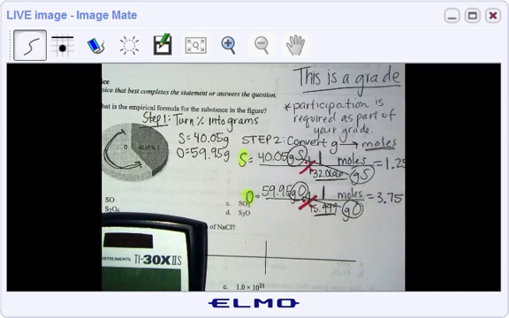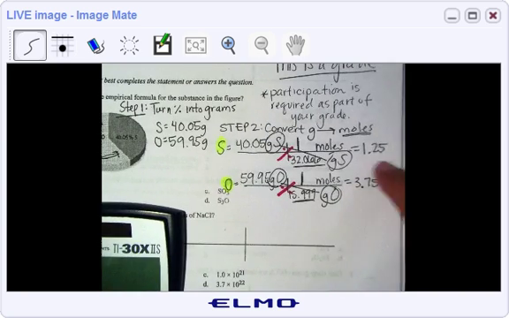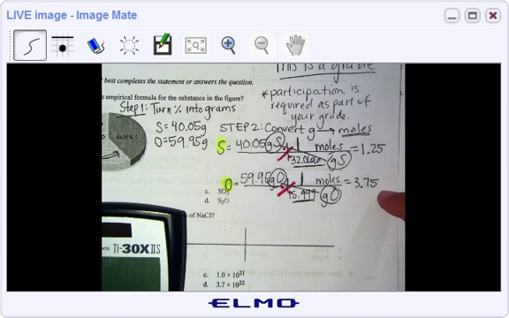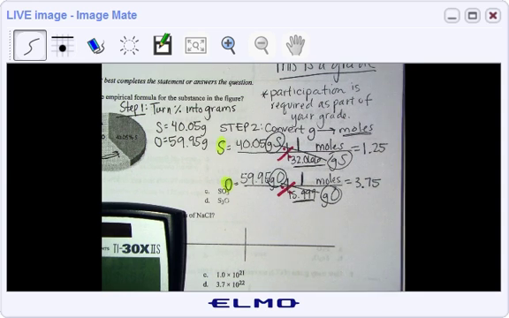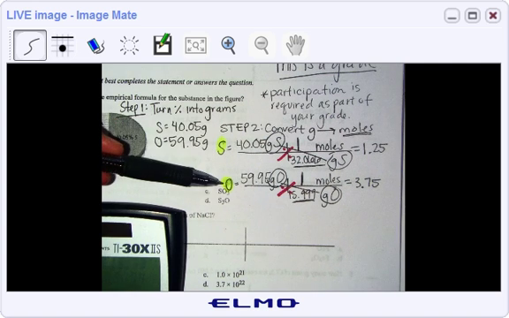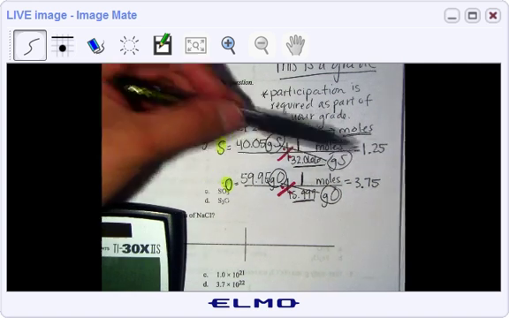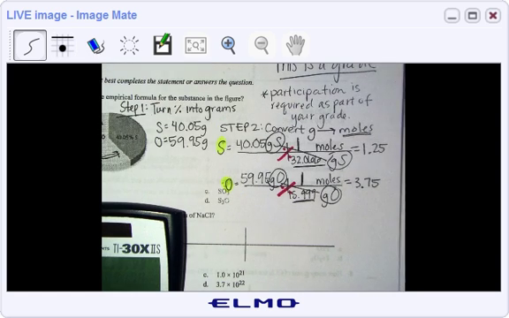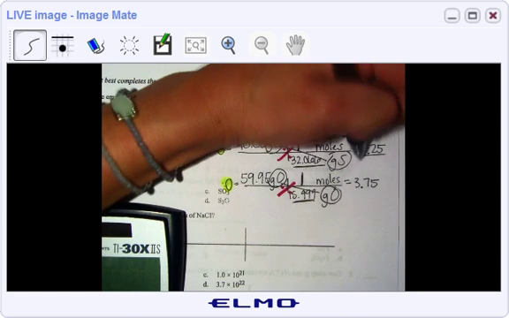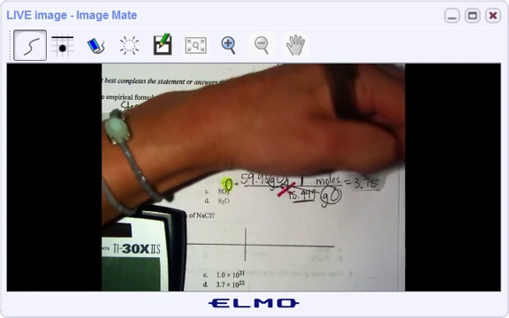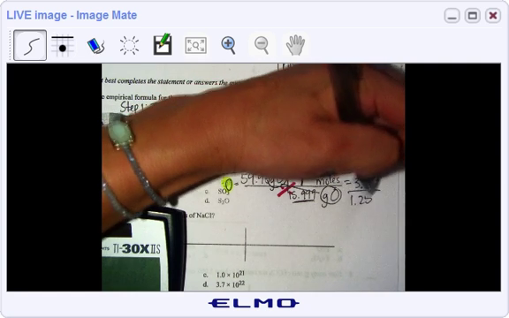Now step 3, out of these two numbers, which one is the smallest number? Which one's the smaller one? The 1.25. So step 3, you divide by the smallest number, every single element. Okay, so if you had 6 elements, you're going to divide them all by 1.25. That means 1.25 is the denominator.